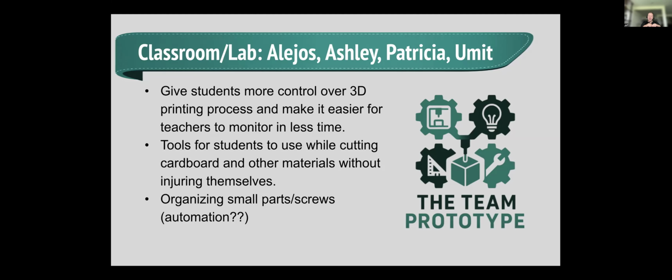But I think that's definitely applicable to multiple areas. Students always have issues cutting cardboard and foam board. They're always injuring themselves. I always find the two deadliest tools in any lab are the X-Acto knife and of course hot glue, because they're always hot gluing their fingers because they're not using the hot glue gun the right way.